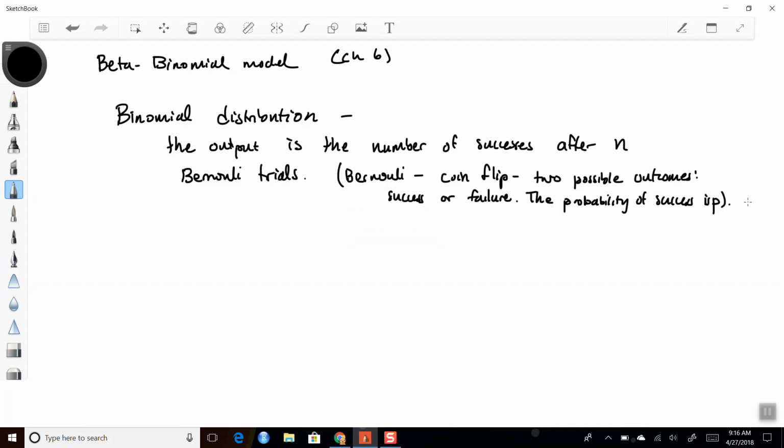Is this okay? All right, so the binomial is we're repeating a coin flip, or some kind of Bernoulli trial, n times, and we want to see how many successes we get. So something like we flip the coin 5 times, and we ask how many times does it land heads, okay? Or we shoot a basketball 7 times, and we have to assume that each shot we take is independent of all other shots, which may or may not be the case, but we're going to make that assumption, and we ask how many times does the basketball go into the basket, okay?